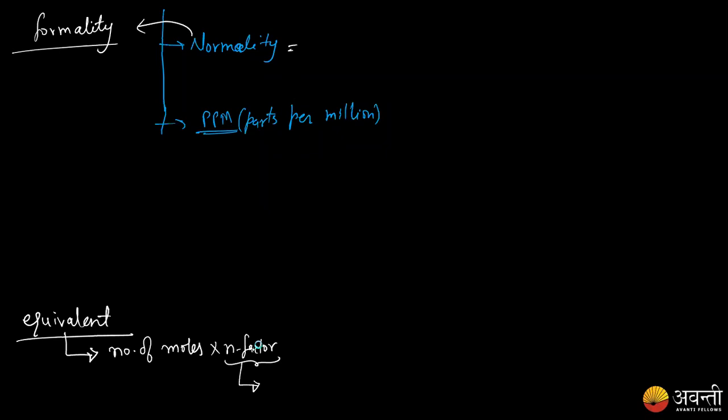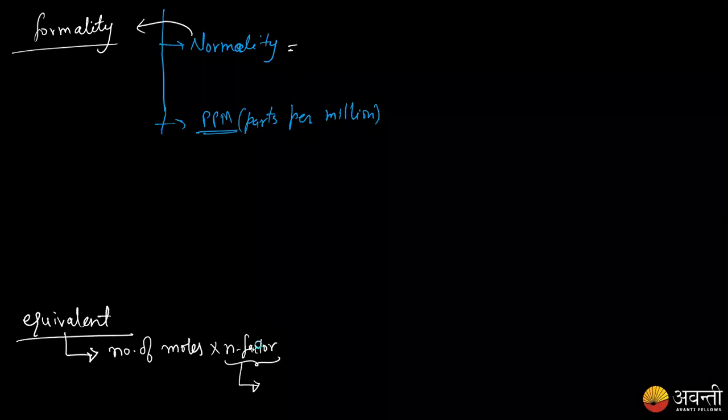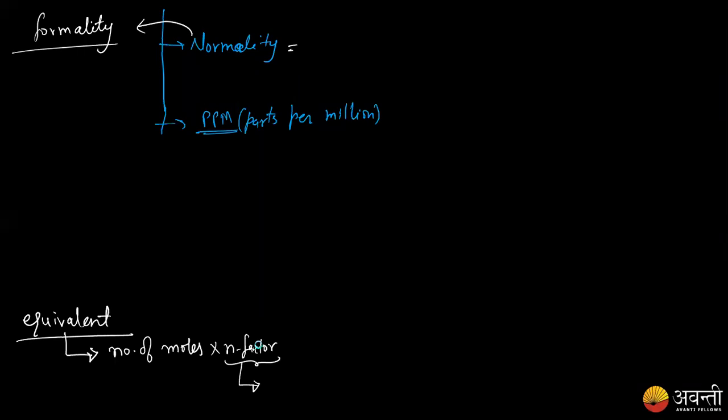Basically, it is the change in oxidation state, or we can also define it as valence. If we have sodium, the valence is 1, Na plus, so n factor will be 1. For magnesium, the valence becomes 2, as the charge is plus 2, so n factor becomes 2. Similarly for aluminium, the n factor becomes 3.